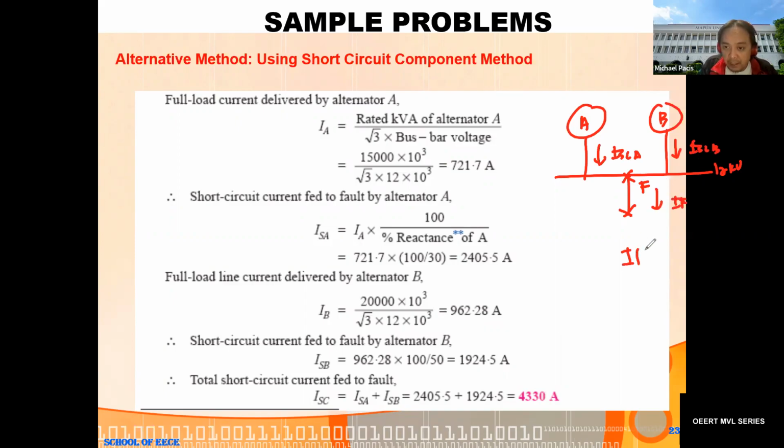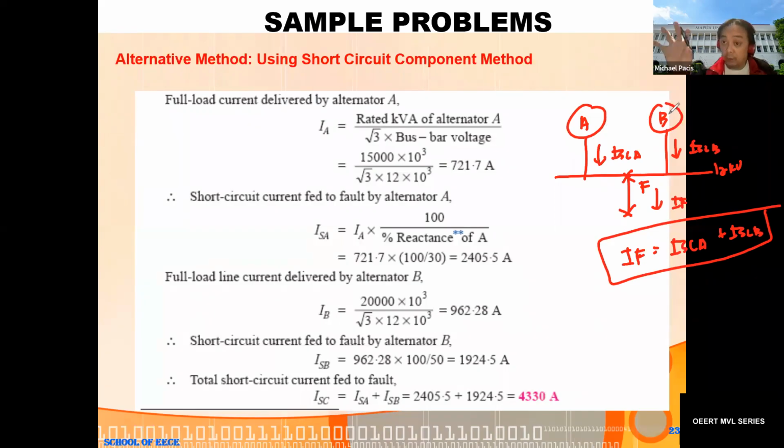And definitely IF depends on the responses. Di ba? By the superposition theorem, there's a response at ISCA if B is off, or there is a response at B if ISC A is off.